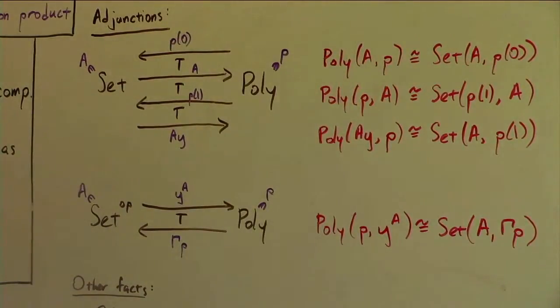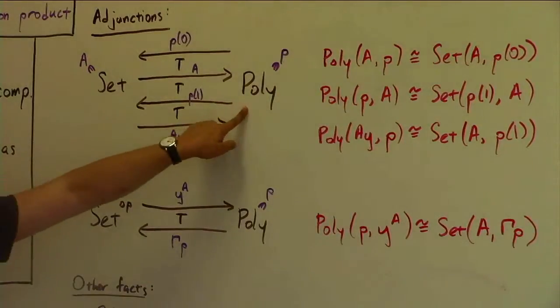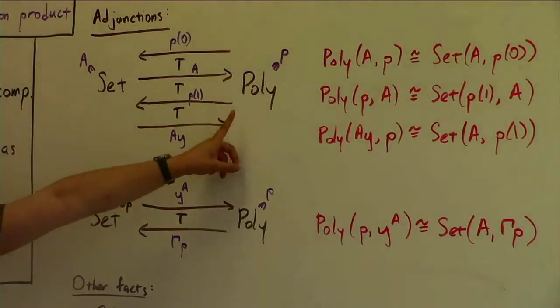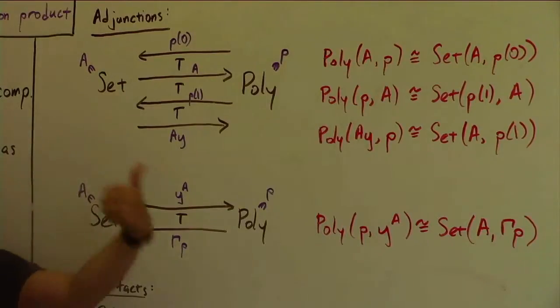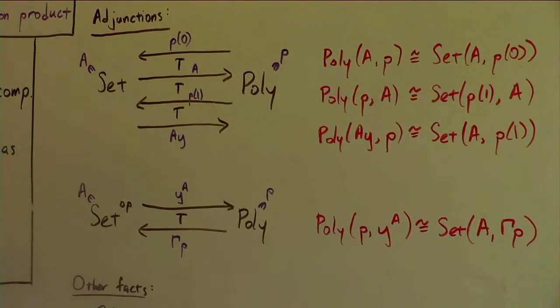One takeaway is that since the on-positions functor, the functor that takes each polynomial to its positions, is both a left adjoint and a right adjoint, limits in Poly are also limits on the positions, and colimits in Poly are also colimits on the positions, and so forth.